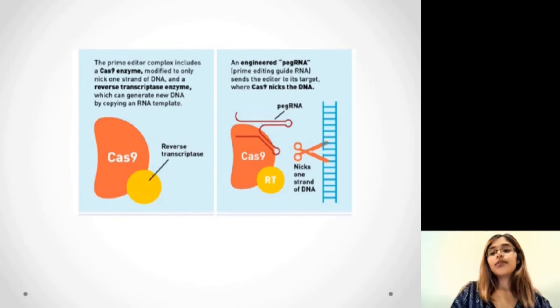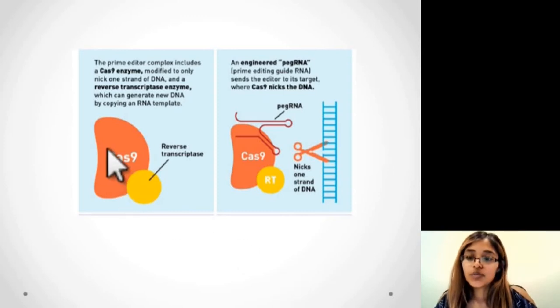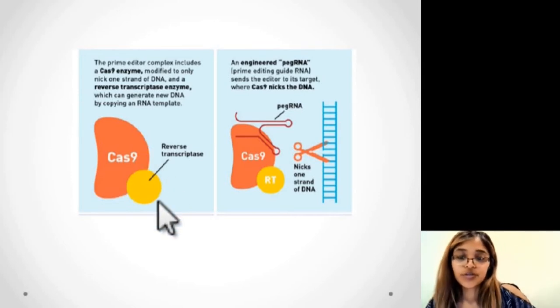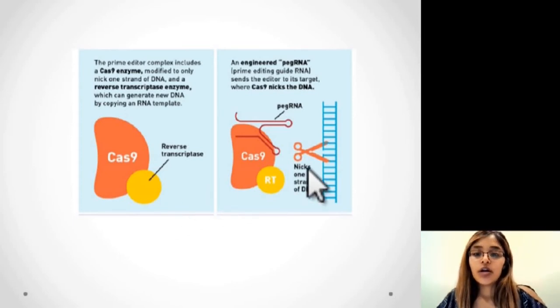As I mentioned before, the prime editor complex includes the edited Cas9 and the reverse transcriptase. With this, we also have the engineered pegRNA, which directs the Cas9 to nick a DNA strand at a desired place.